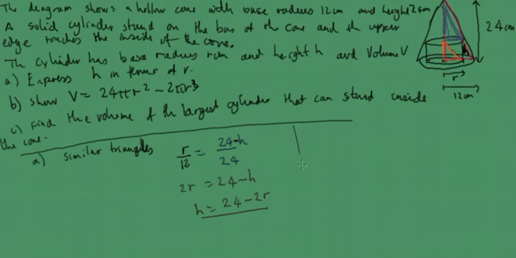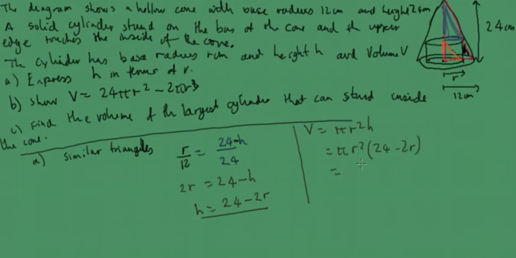Now we know the volume of the cylinder inside is going to be pi r squared h. So that's going to be pi r squared, and h is 24 minus 2r.